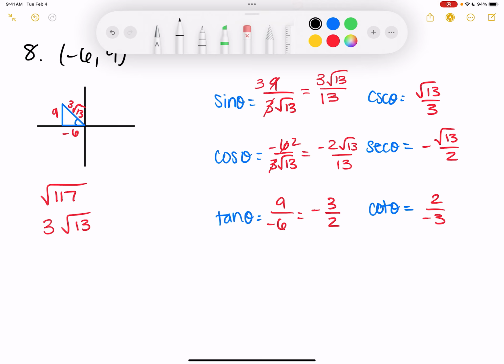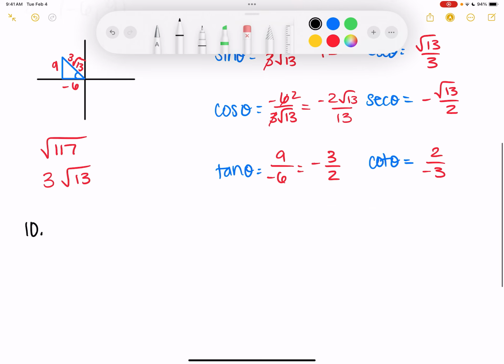Cosine 5, negative root 11. Where's this one? 5, 1, 2, 3, 4, 5, negative. Quadrant 4.